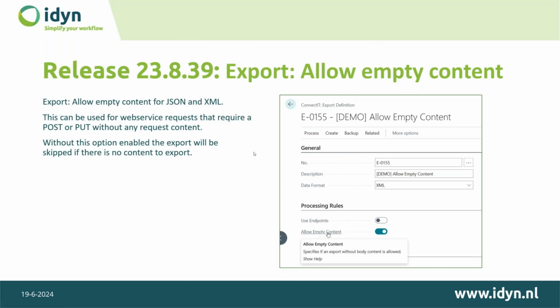But without this option, we use the old behavior where either the export is skipped, or depending on how it was exported, will result into an error that there is no content to export. With this option enabled, those validations will be skipped altogether, and the export will still be processed.